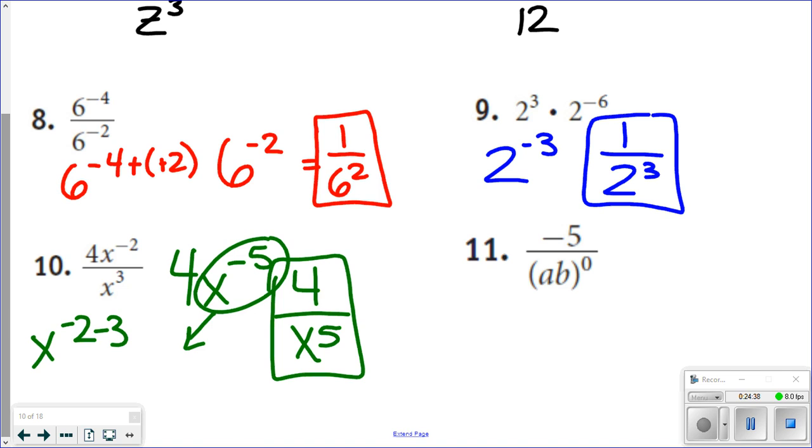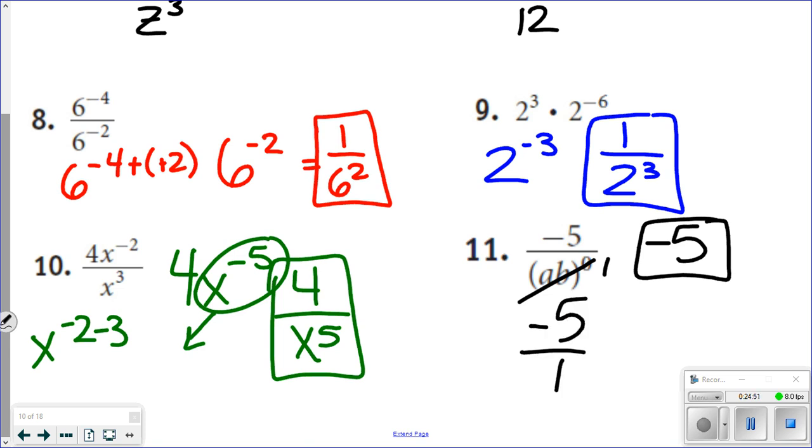The last question, number 11, the negative 5 is okay because it's just a negative number. It does not have a negative exponent, so leave it. And this becomes 1, so it's like negative 5 divided by 1, which is just negative 5.